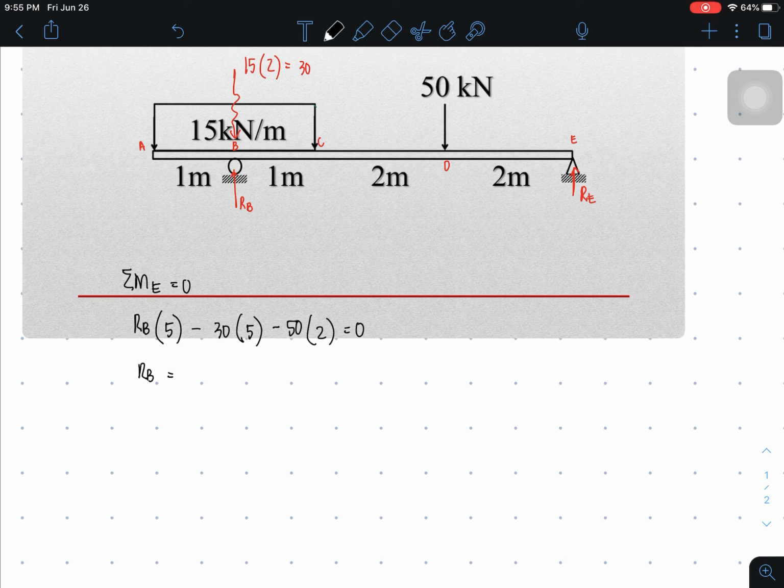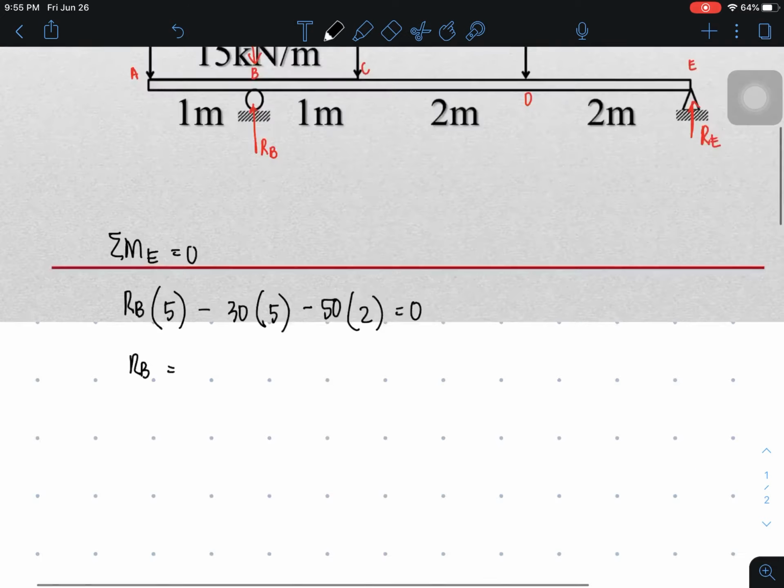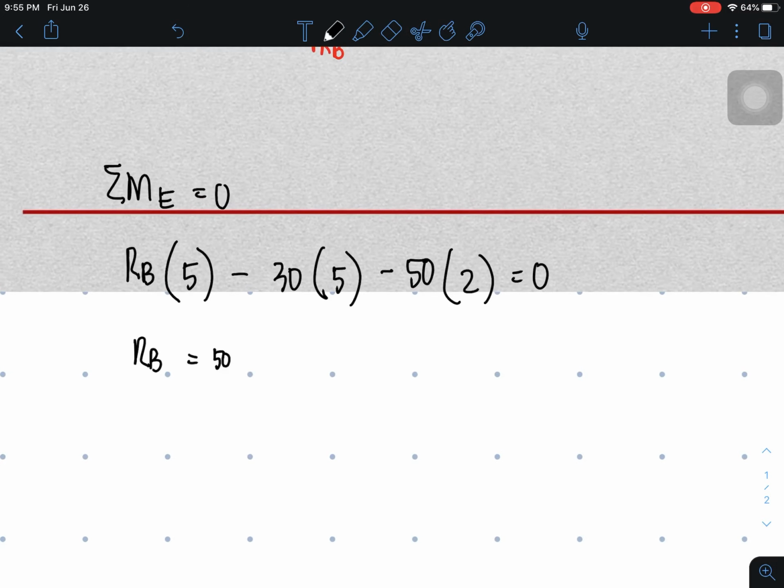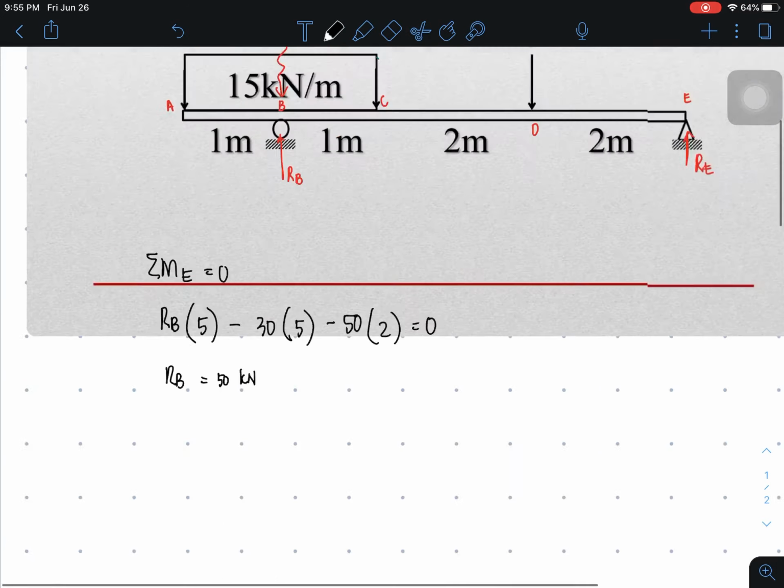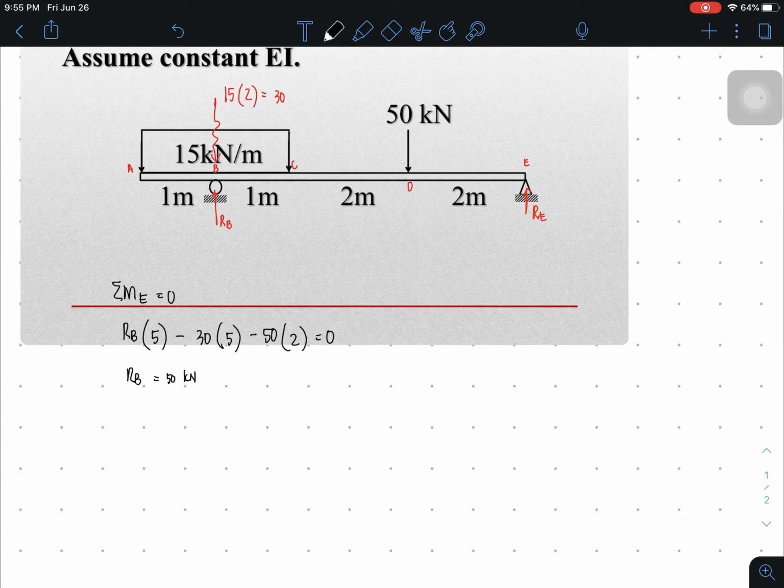Sakto ba? 50 times 2 plus 30 times 5 divided by 5. So the answer is 50, 50 kilonewtons. And then, summation of forces vertical equal to 0, or pwede ra dili na lang nato solbon si RE.